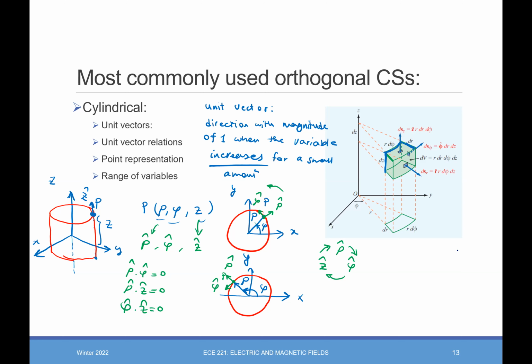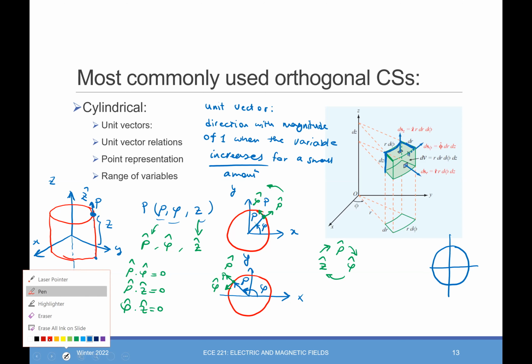So for example, on a circle, when you want to calculate the length from here to here, you can't simply say this is d phi, right? First of all, d phi is not a length identity. In order to calculate this, this is basically r d phi.